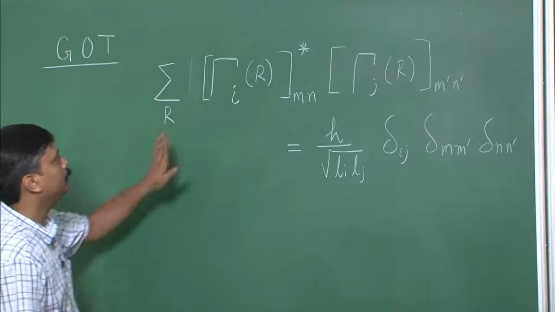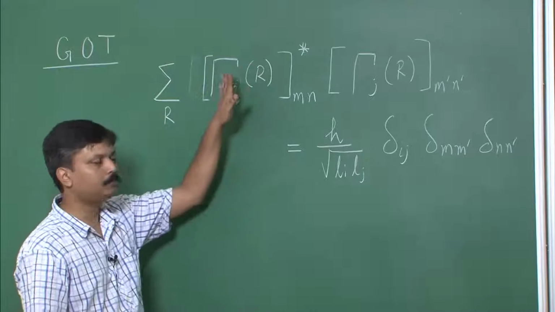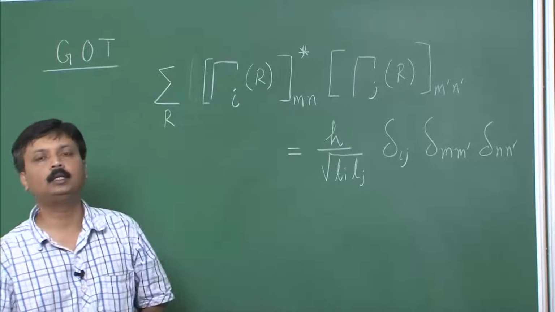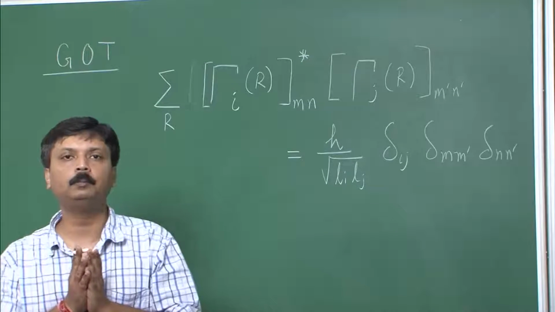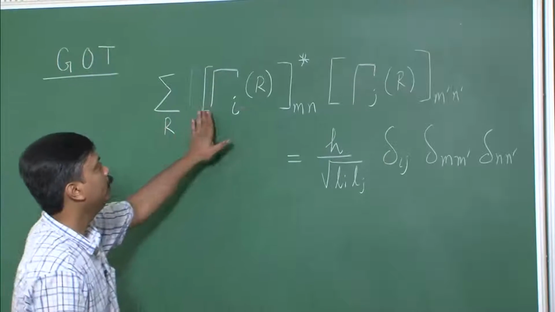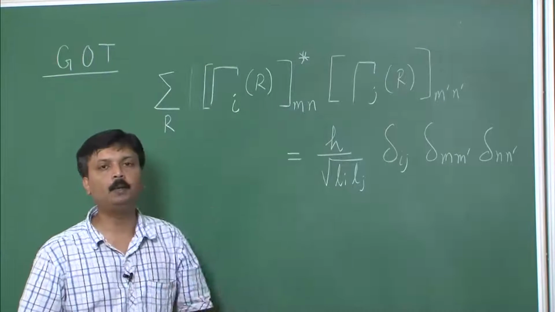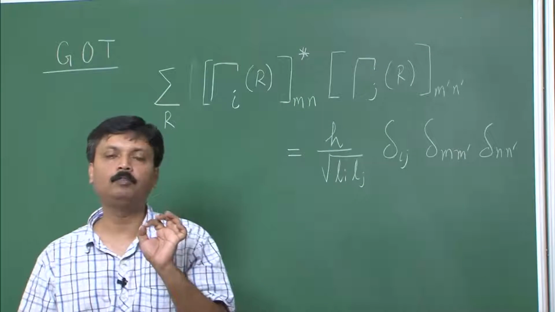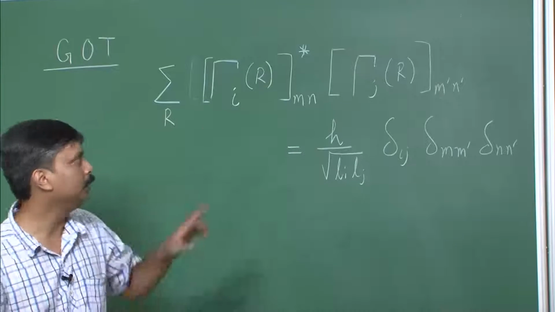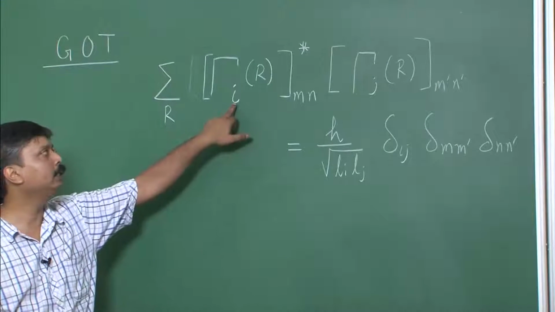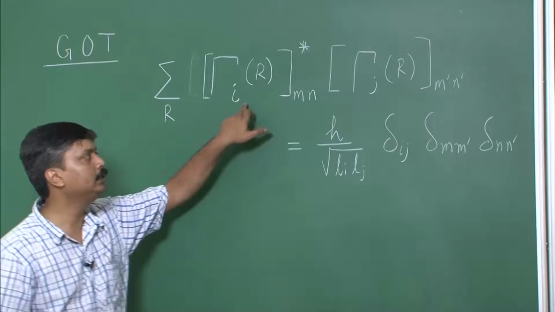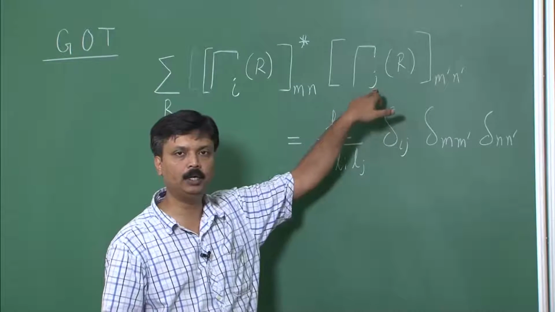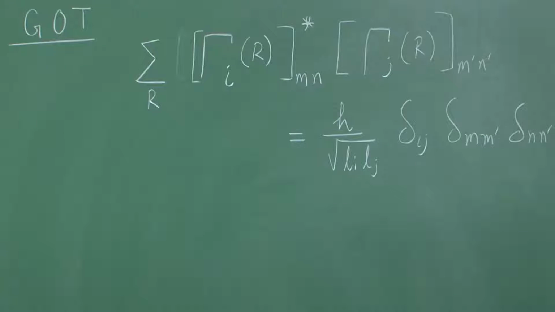And this gamma of R is any particular irreducible representation, and this mn stands for a particular element of that particular representation. Which particular representation? Here it is the ith representation, and this is the jth representation, right? So in the character table, we have seen that there are several different IR, which stands for irreducible representation.